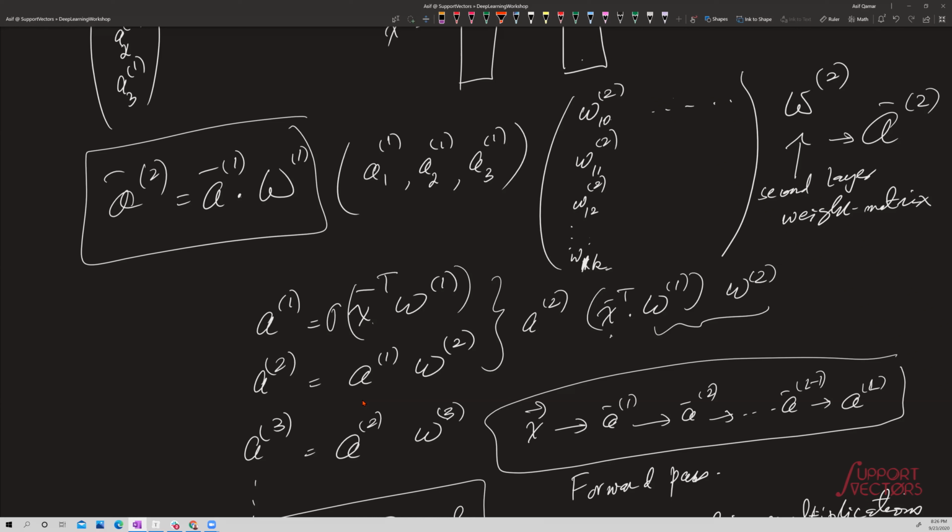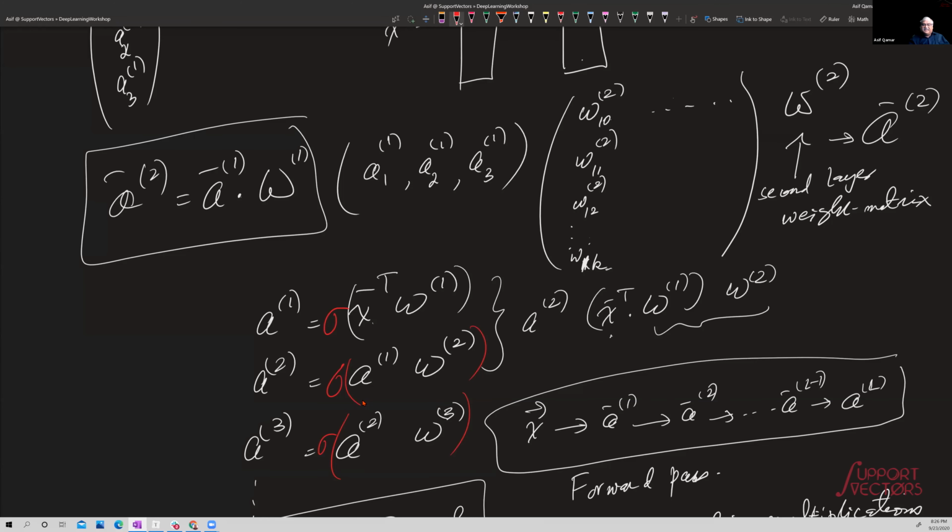Yes, and one more thing actually I missed. There was one more mistake, which is that I forgot the activation functions here. So let me put it in a red color: sigma, the activation functions, right?